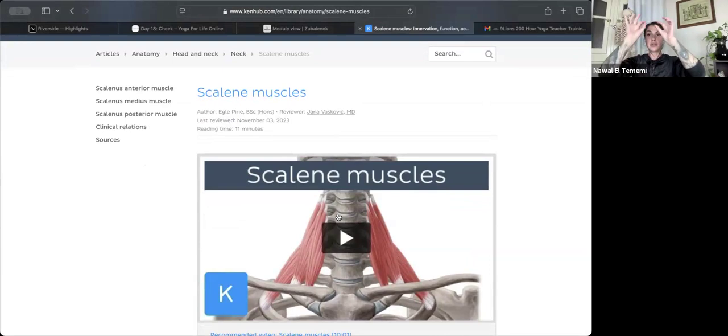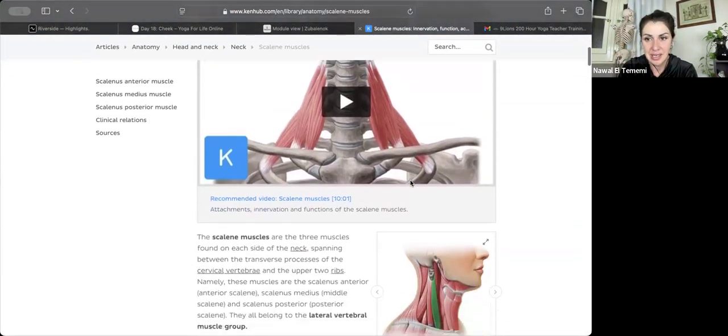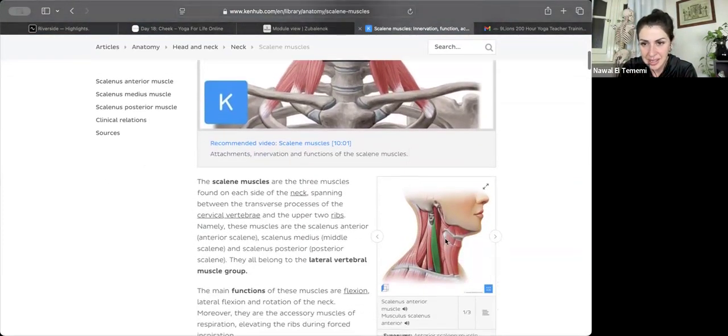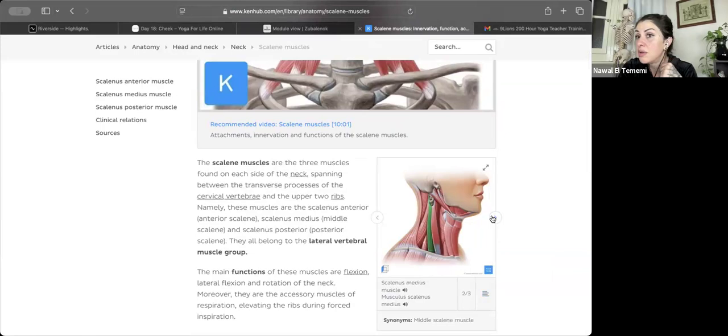And then there are little muscles that connect to those and are kind of like a suspension bridge. It's really incredible. So you can see this photo right here. But if we look at this more detailed photo, see now we're under the sternocleidomastoid, and it's like 1, 2, 3.